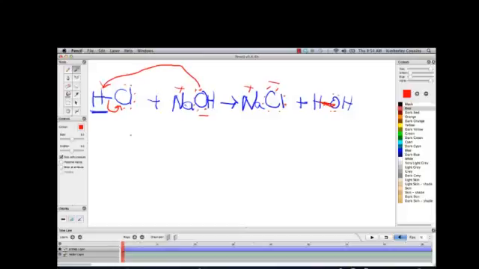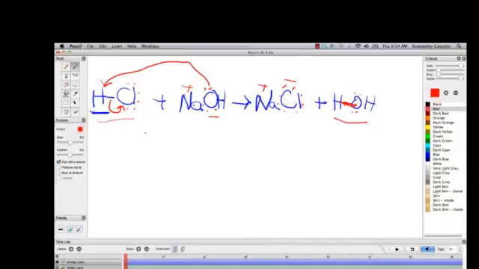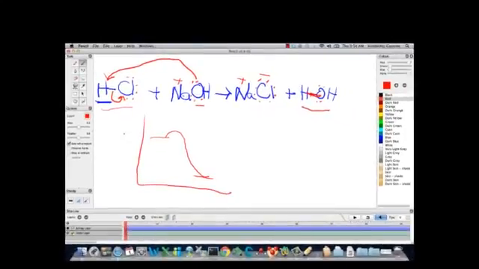Okay? We can also talk about this energetically. We can put a value on the amount of energy it takes to break the HCl bond and the amount of energy that is given off by making the H-O bond. We know that HCl plus NaOH is a very exothermic process, so overall we go from a higher energy to a lower energy point. This can be described by an energy graph, where energy is on the y-axis and reaction progress is on the x-axis.